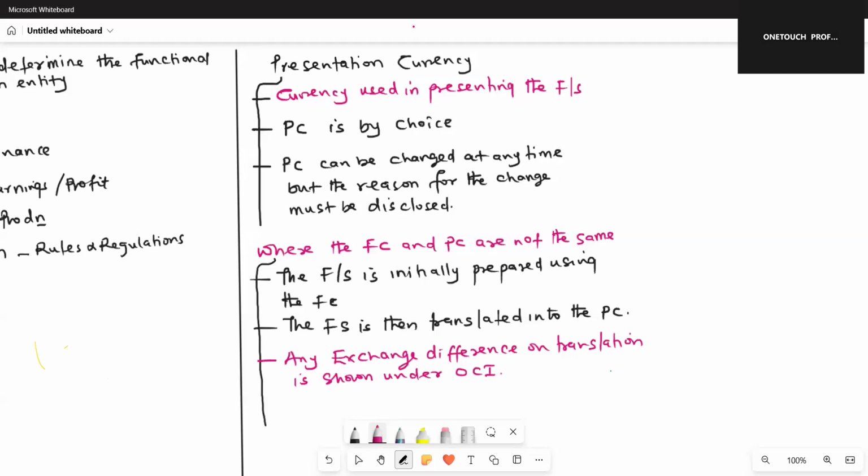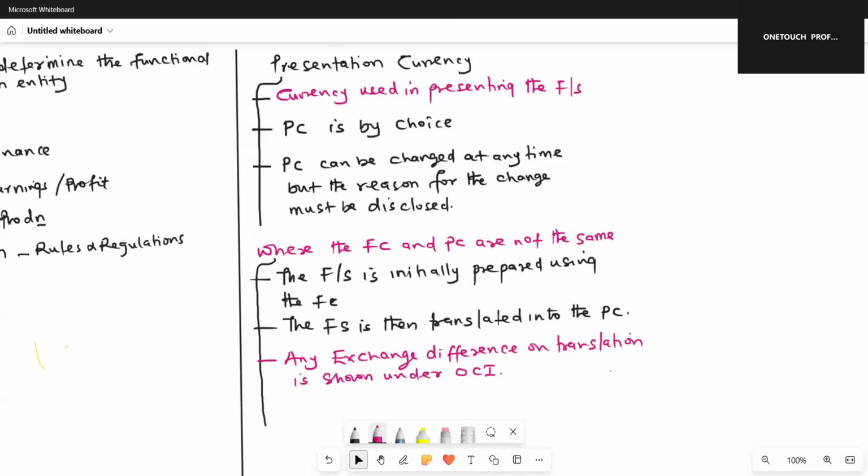It is not an item that affects the pocket, so it cannot affect profit or loss. You show it as what? As other comprehensive income. Other comprehensive income. So we have even covered the treatment of that.